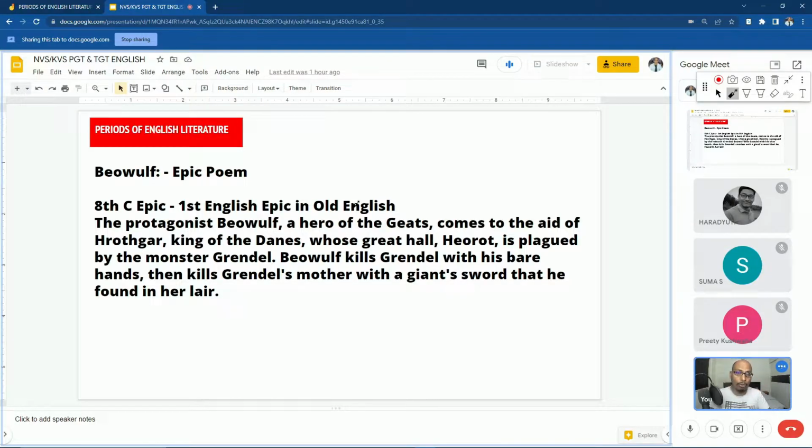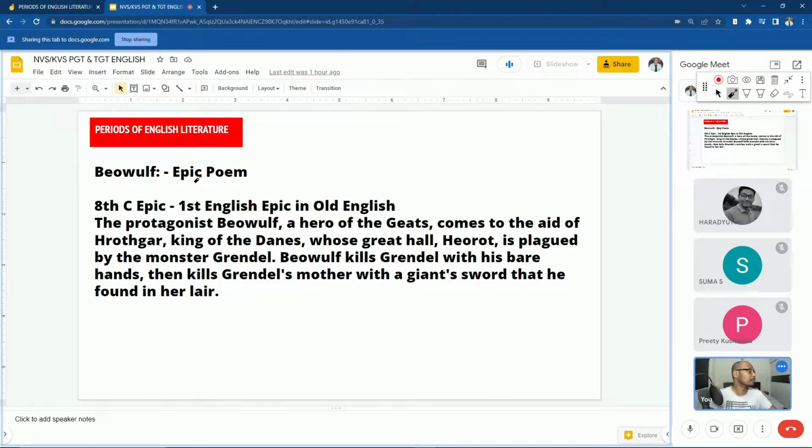You have to read the question thoroughly. If they ask which is the epic in modern English literature, and you find the option Milton's Paradise Lost, select that one. If they ask which is the first English epic in Old English, and they give you the option Beowulf, then Beowulf is the correct answer. You need to read the question properly.